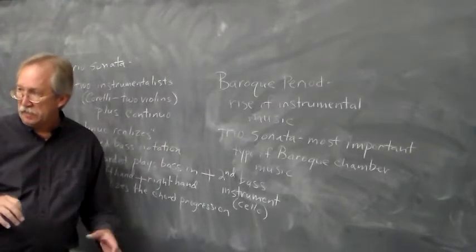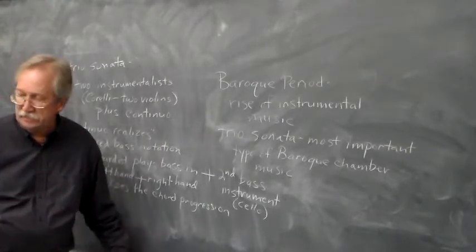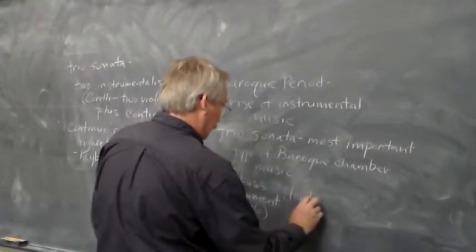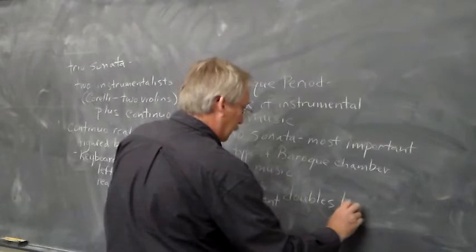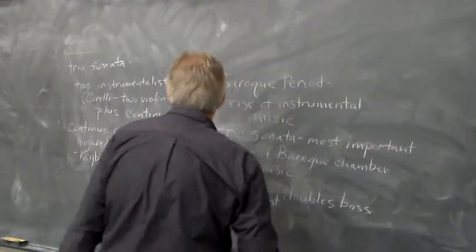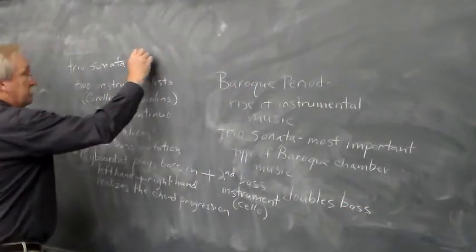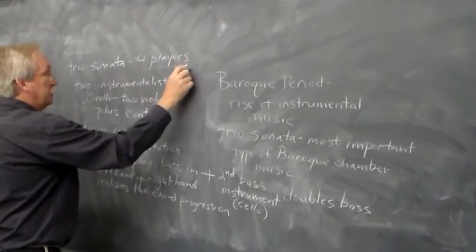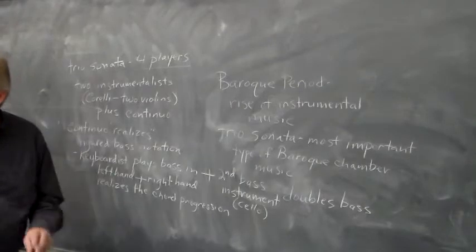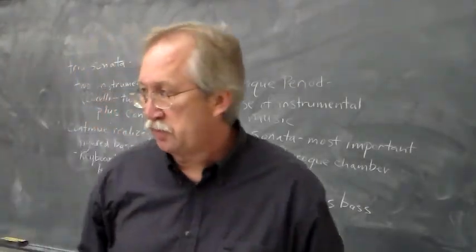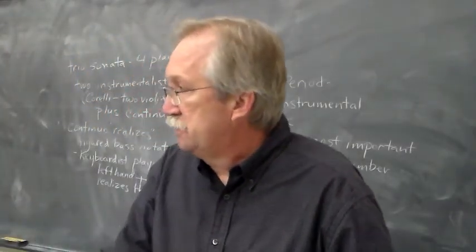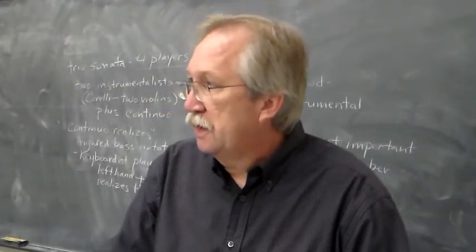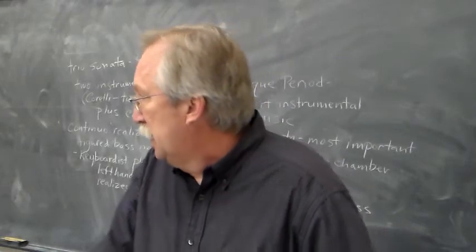It's going to play the same line that the left hand of the keyboard plays. So in total, you'll see in the performance of these 4 players. So you have the 2 instrumentalists, whether it's 2 violins or 2 flutes, plus then 2 players who realize the continuo part.